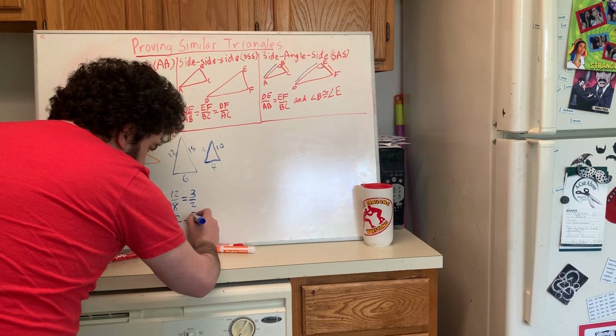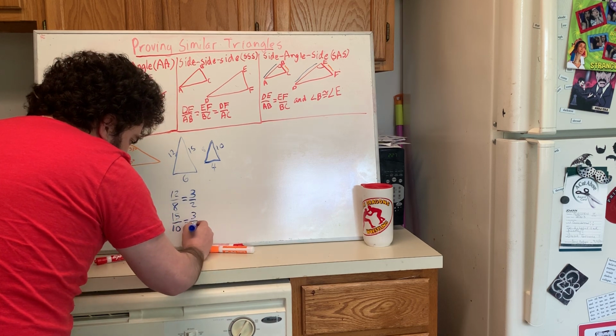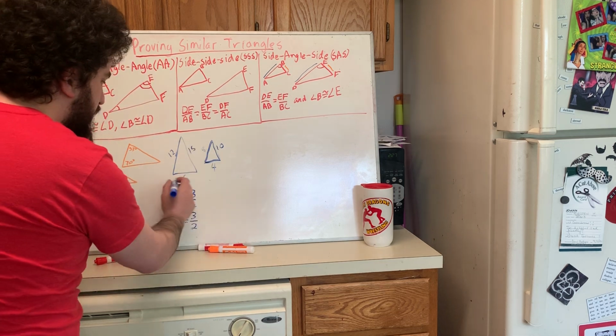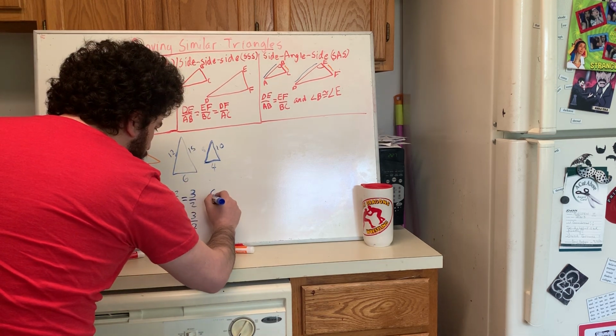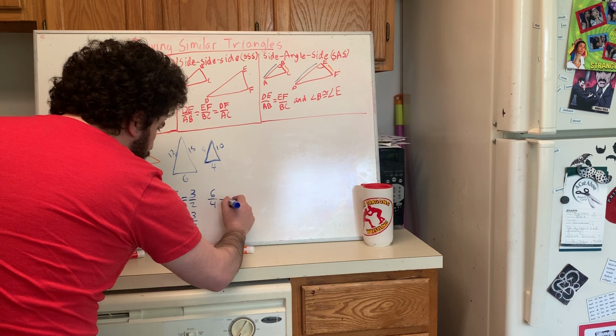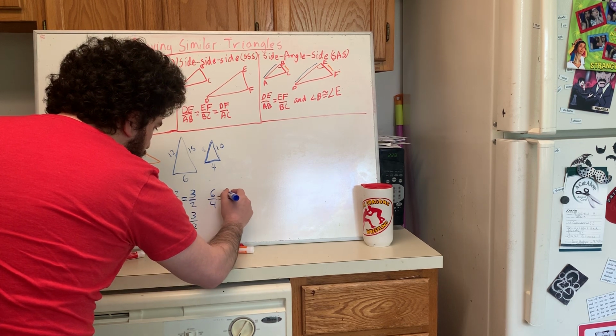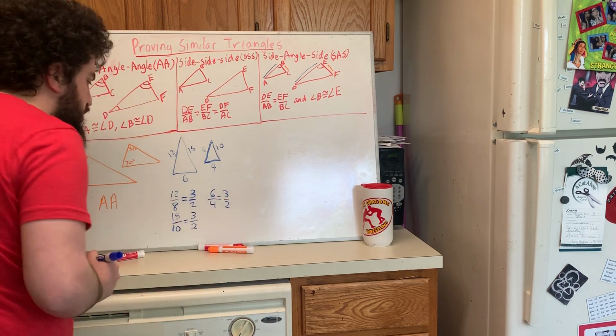15 over 10 again reduces to 3 over 2. And then finally, 6 over 4 will reduce to, you guessed it, 3 over 2.